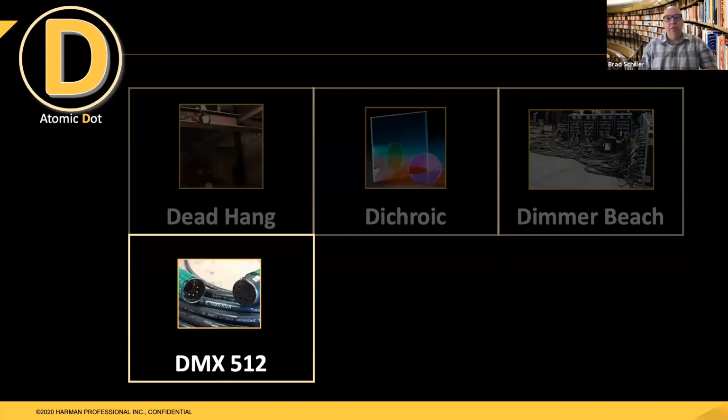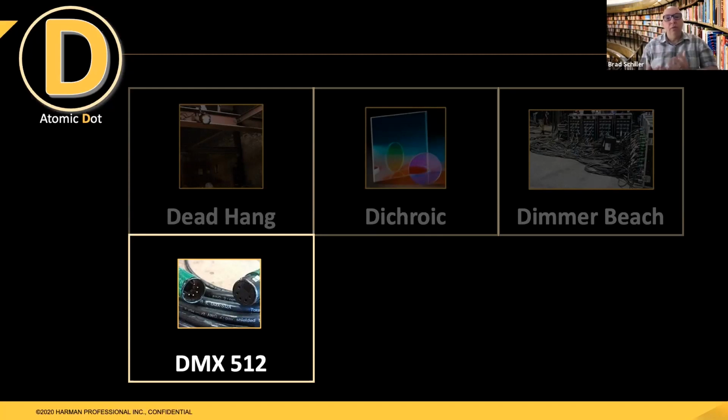Originally, it was created for dimmers, so it allowed you to dim up and down from 0 to 100 percent on your dimmers. But over time, as moving lights were developed, it was applied to moving lights and their various parameters. It does lead to some problems because of some limitations of 512 channels with 256 points of control on each channel.